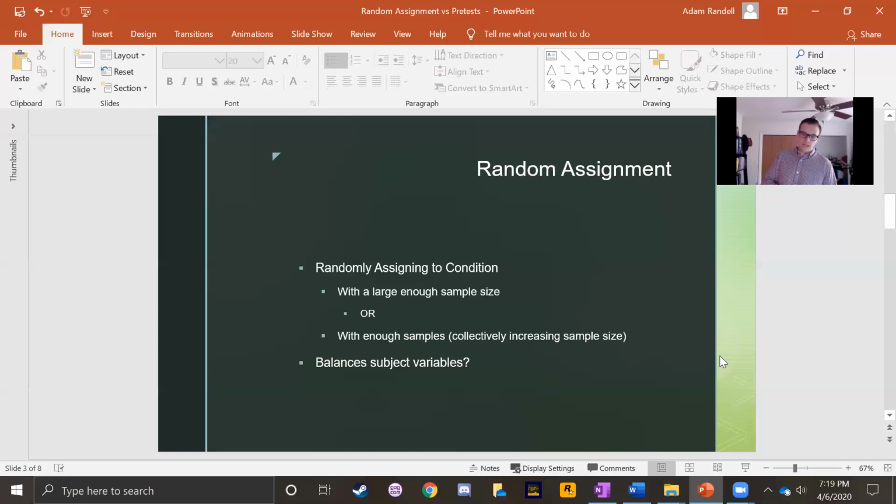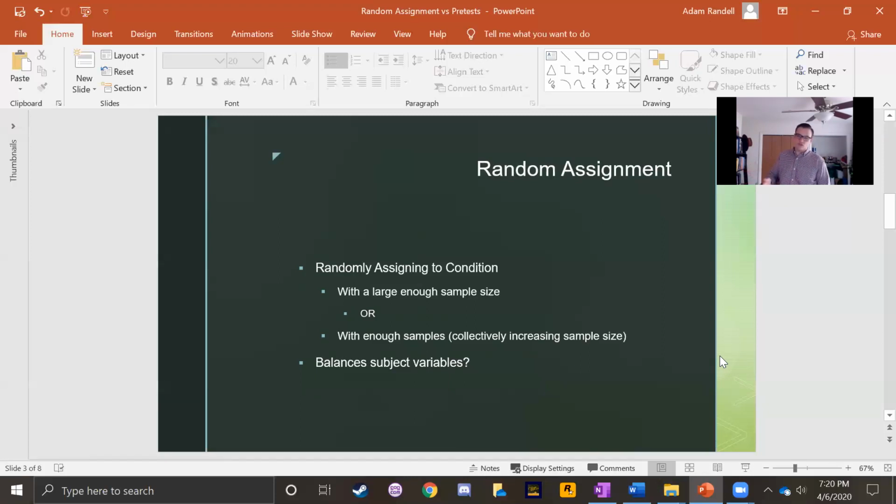So either we have a large sample size or we replicate multiple times with different people. But by virtue of replicating with different people, we're increasing sample size across studies. So random assignment can usually do the job of balancing individual differences in subject variables, provided we have enough participants.